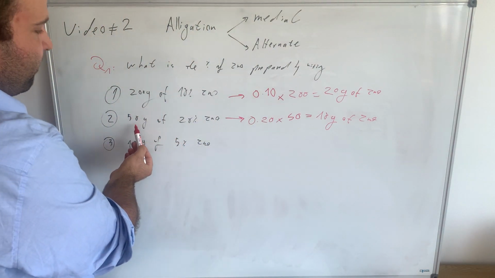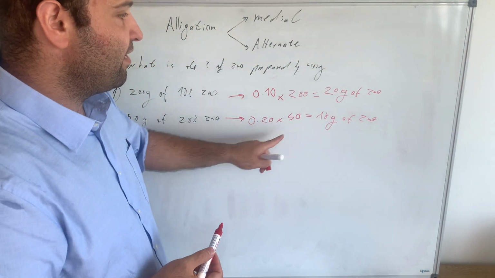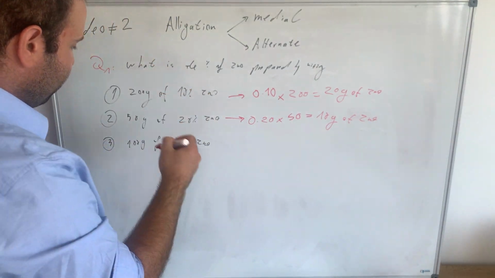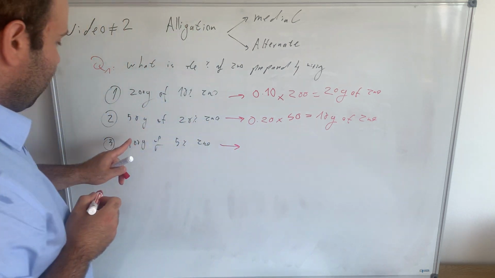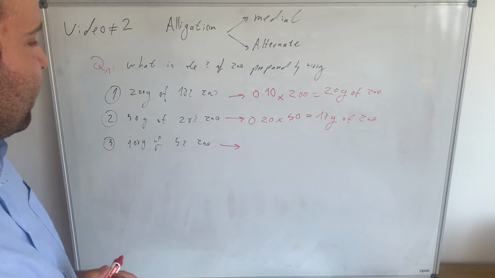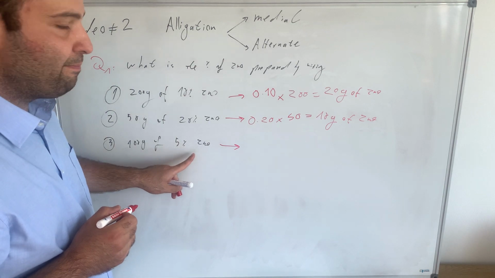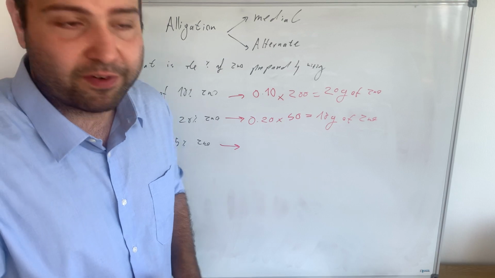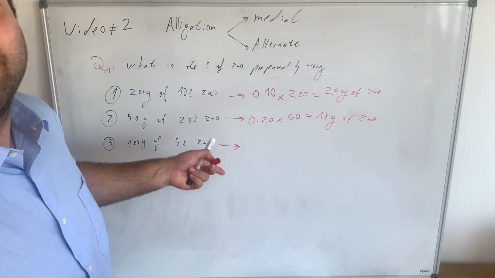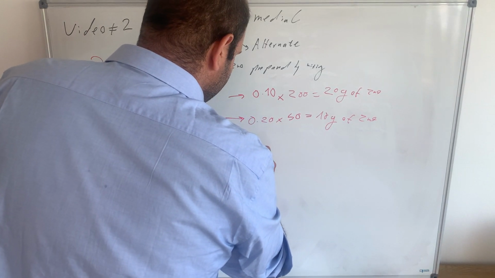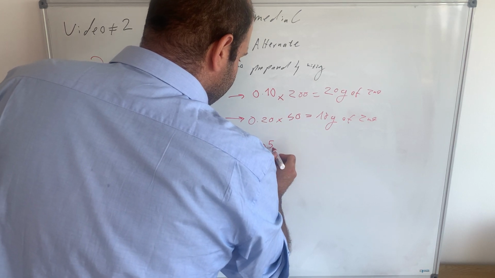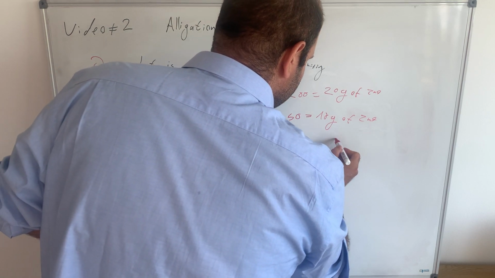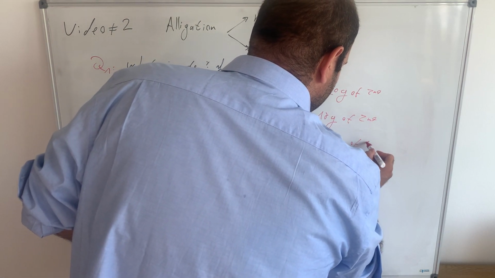And the third one would be 100 gram of 5% zinc oxide. 5% zinc oxide means 5 gram of active ingredient, in this case zinc oxide, in 100 gram. So how much is in 100 gram? The same amount. 5 divided by 100 multiplied by 100, the answer would be 5 grams of zinc oxide.